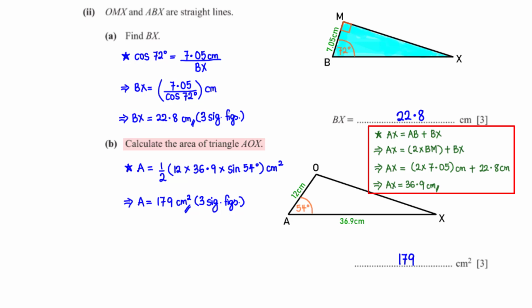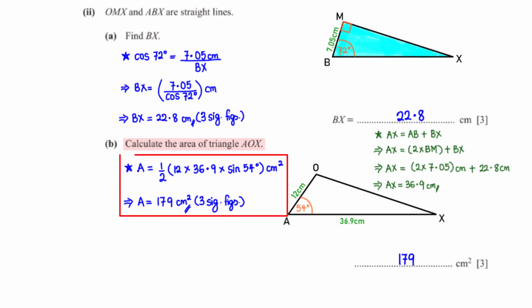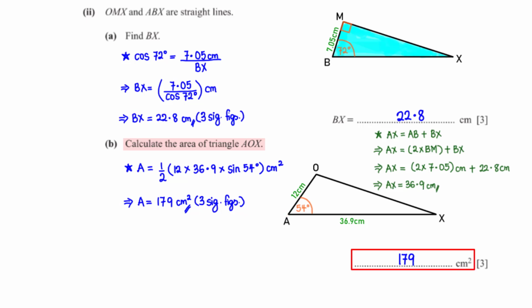This gives us the length of AX to be 36.9 centimeters. We know the angle between OA and AX is 54 degrees. When we plug in these values into the formula, we get 179 centimeters squared, rounded to 3 significant figures.